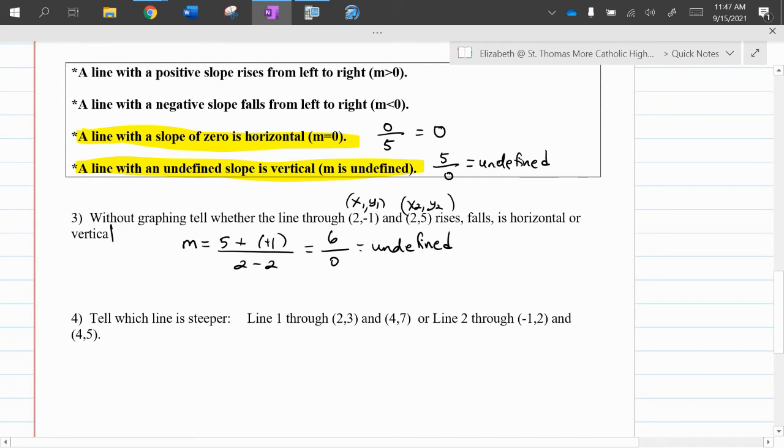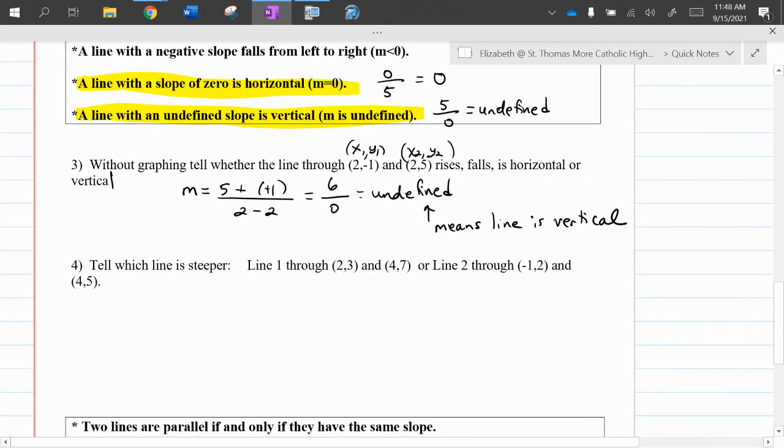So 6 divided by 0 is an undefined slope. That means that our line is vertical. If the slope would have been 0, then the line would be horizontal.